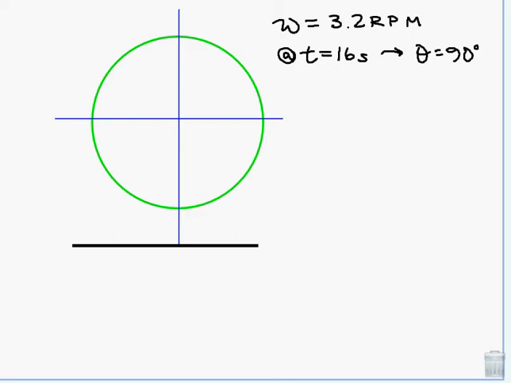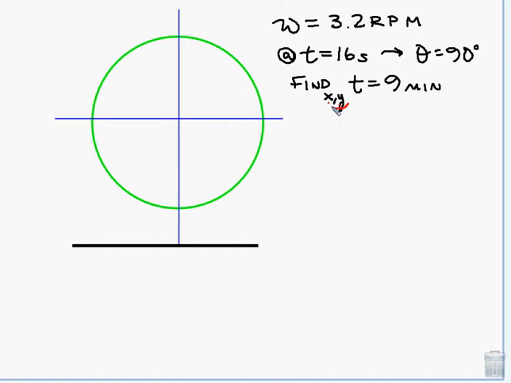So we can translate that into being essentially 90 degrees of rotation. So it's going to be vertical right there. And then we're asked to find where this person is located, what is their x, y, or what is their height, which is just going to be the y coordinate, after 9 minutes.